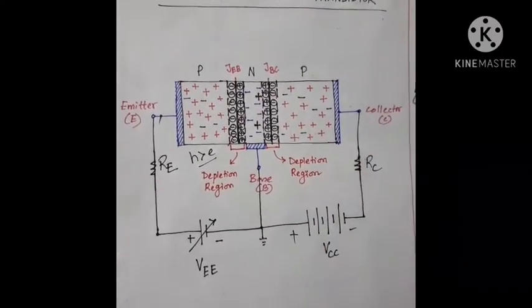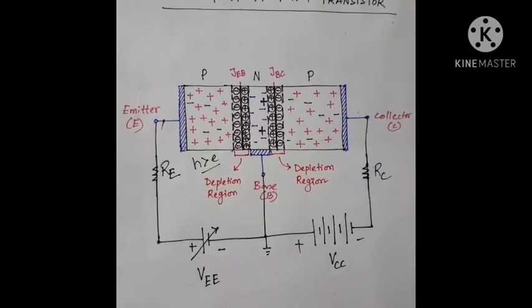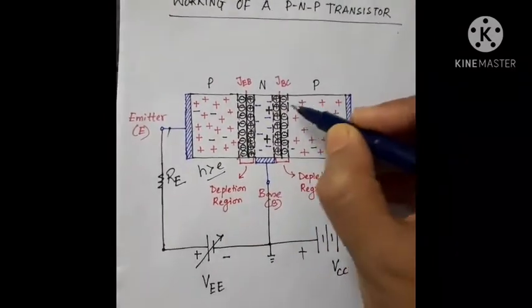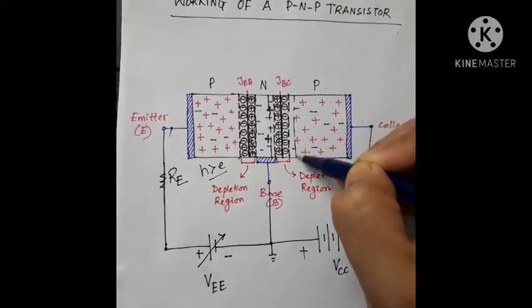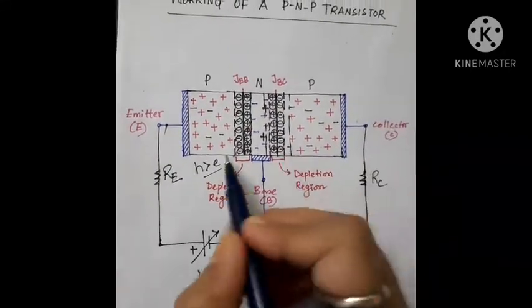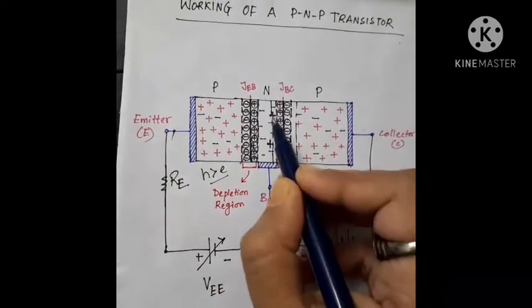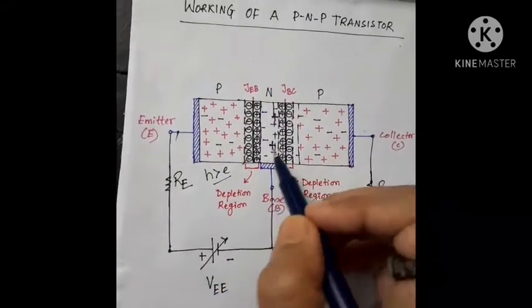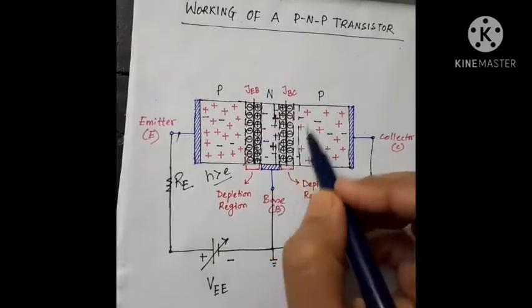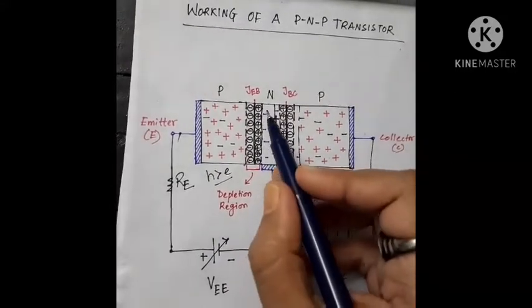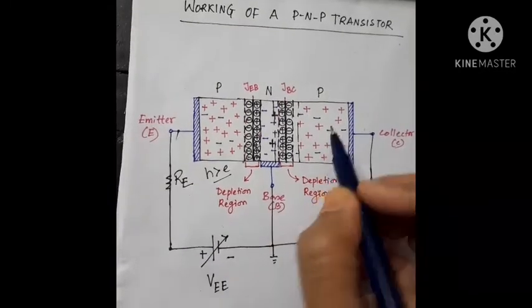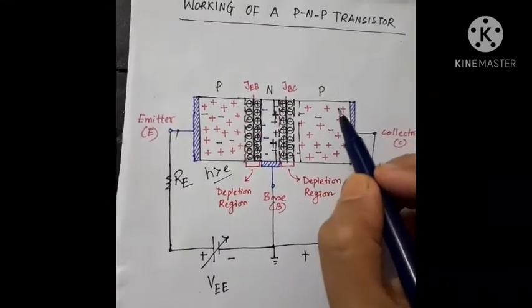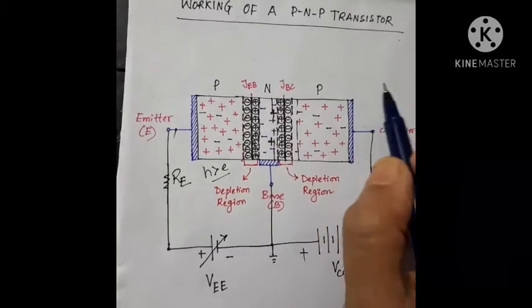In this case also, due to the reverse bias of the junction, this depletion layer will become wider, and the spread will be much more inside the base region because it is lightly doped. It is easier for the depletion region to spread into the n-type material than into the p-type material, because the p-type material is moderately doped.